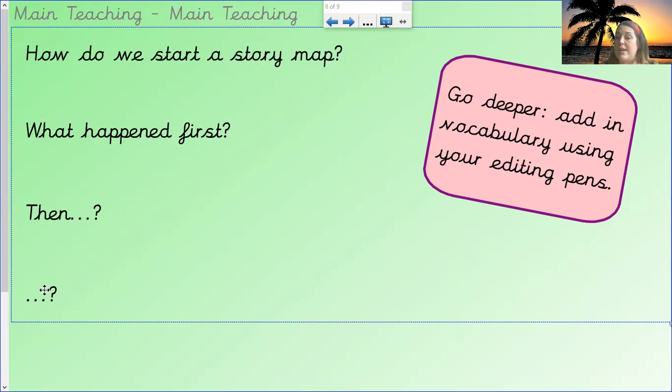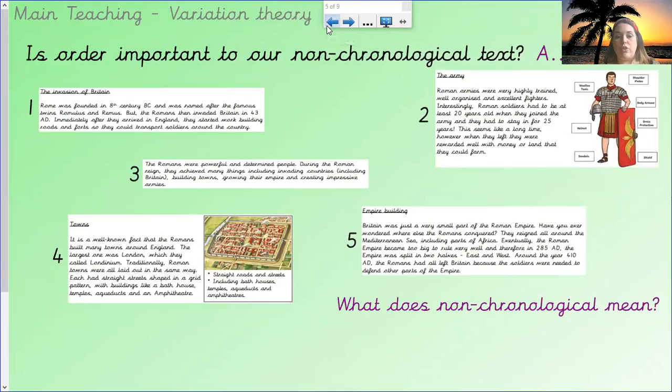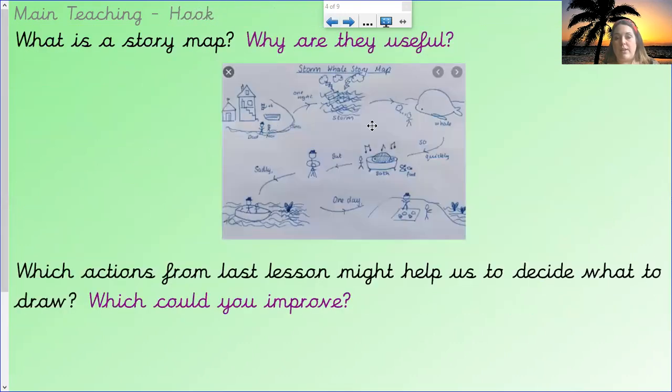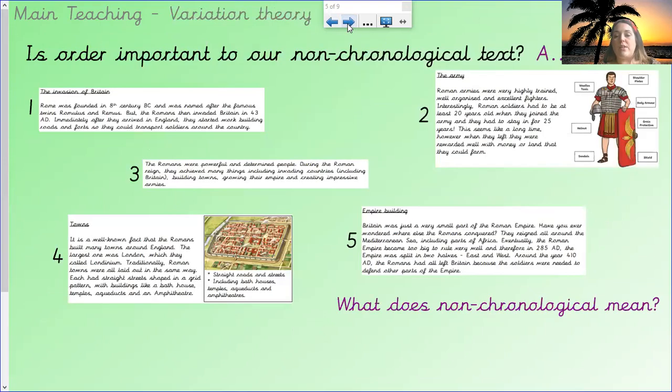If you want to go deeper today, you are going to add in some really useful vocabulary using your editing pen. For example, look at this story map here. We've got one night, storm, whale, quickly, one day. So you will do the same with yours and you will add in useful vocabulary with your editing pen.